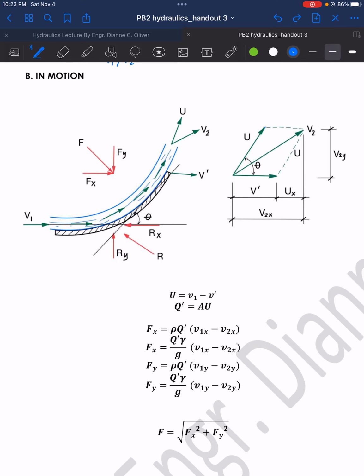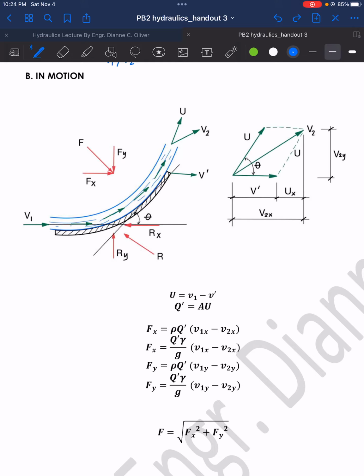The u here is the inclined relative velocity of the jet, given the angle theta of the curvature of the vane, and then we have the value for v prime, that is the velocity of the vane, and then this is the v sub 2, wherein it does not represent the angle of the inclination.